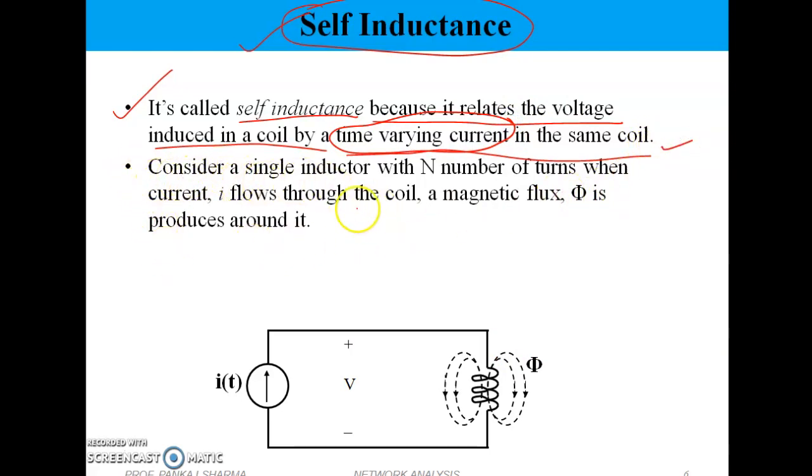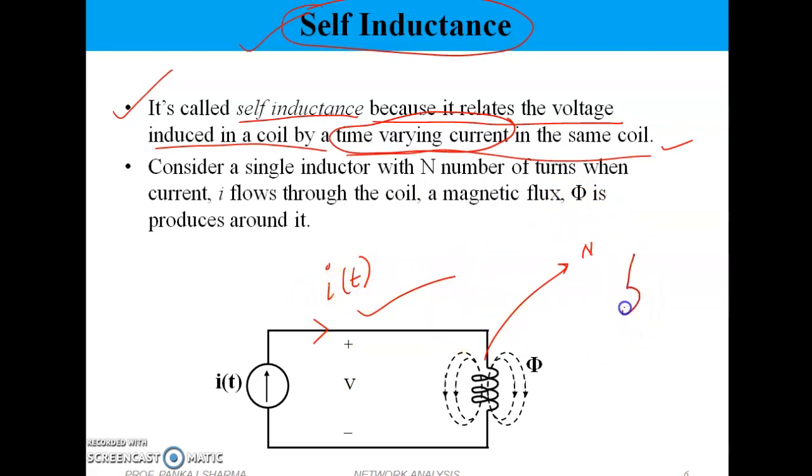Consider a single circuit having an inductor, with n number of turns. When current I flows, which is time varying current, through the coil, a magnetic flux phi is produced around it.